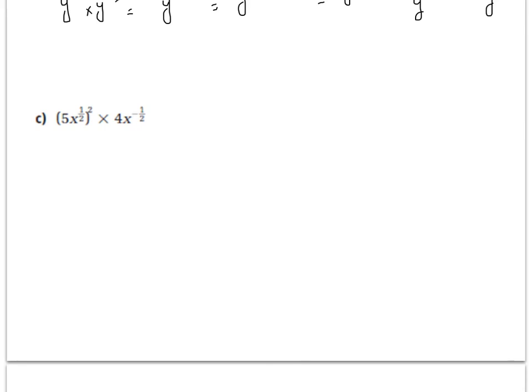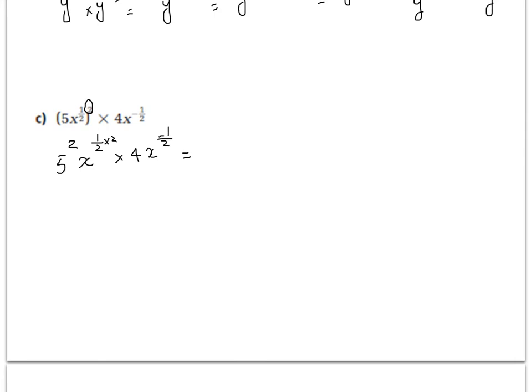The next one is 5x exponent 1 over 2, exponent 2, times 4x exponent negative 1 over 2. I'm going to distribute this exponent inside, so I get 5 exponent 2 x exponent 1 over 2 times 2, times 4x exponent negative 1 over 2.